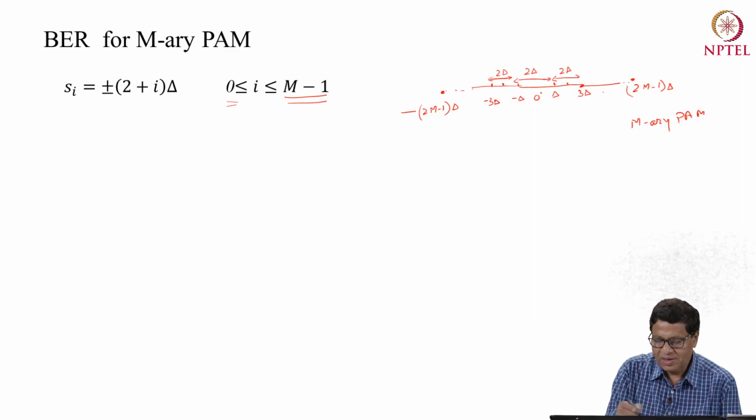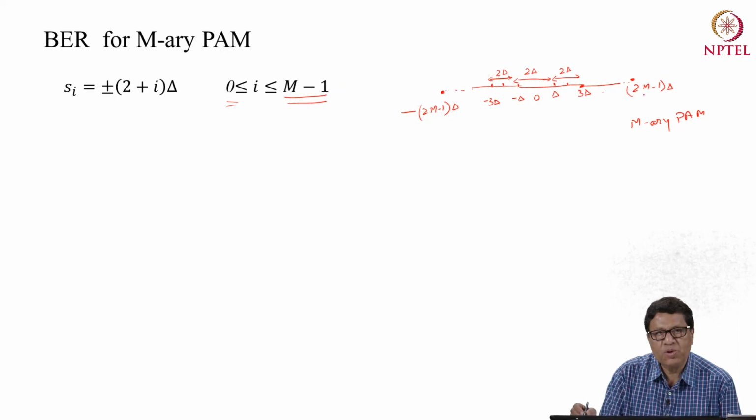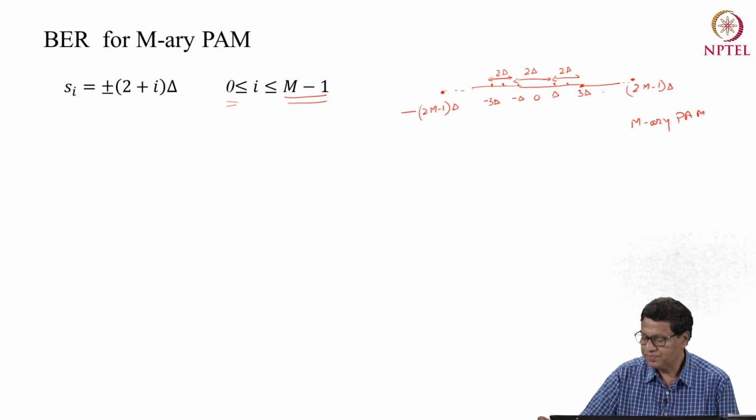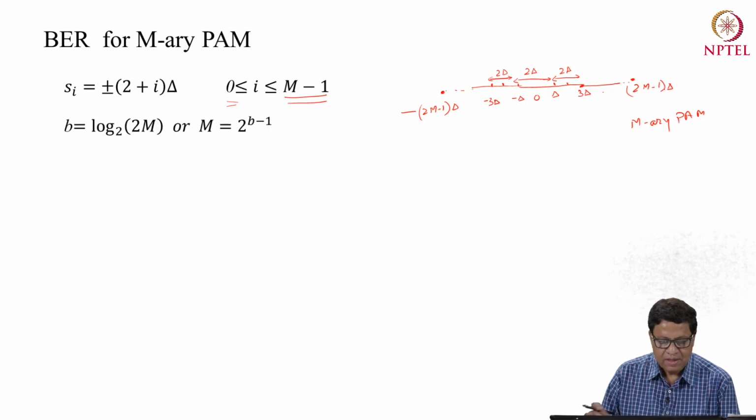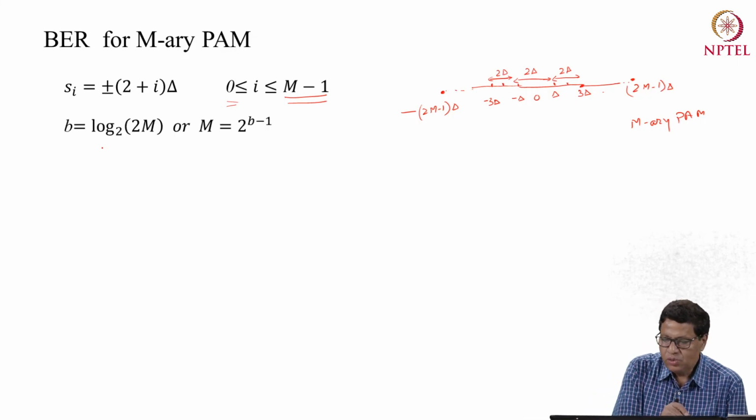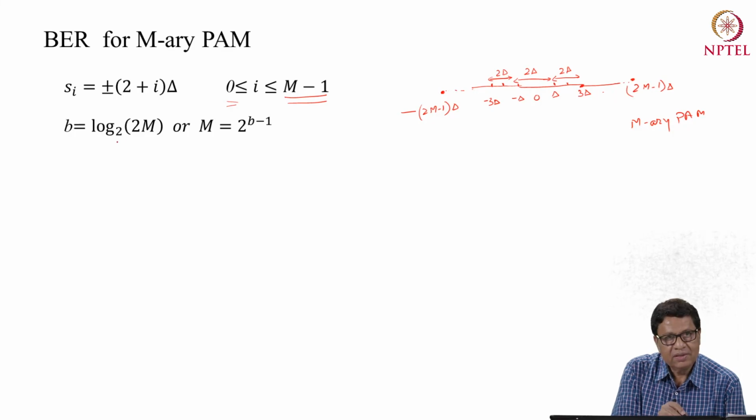And the last point is M minus 1, and this is written here as (2M minus 1) delta. So this M-ary PAM actually corresponds to b number of bits, where b can be written as log2 of 2M, or M is equal to 2^(b minus 1).